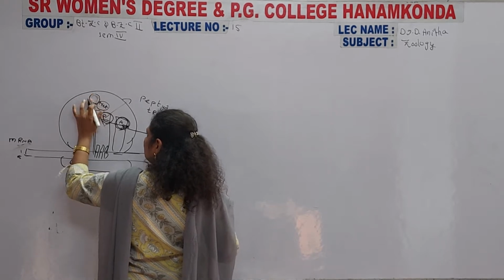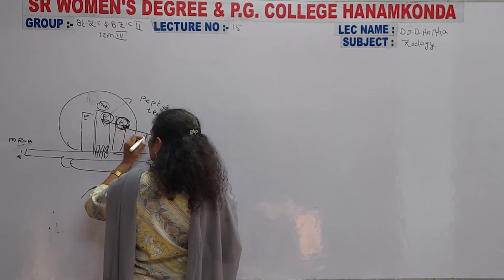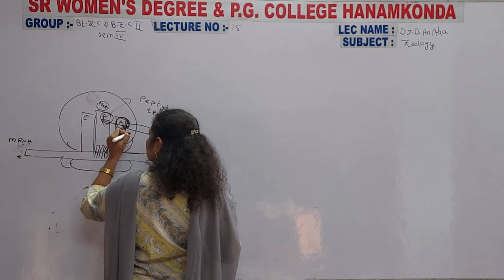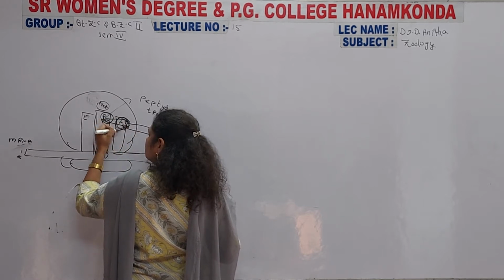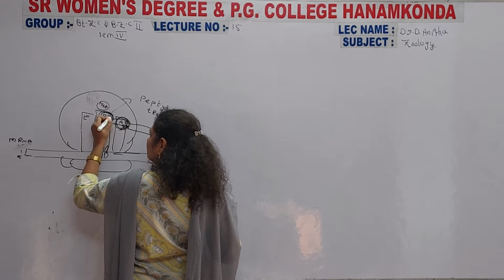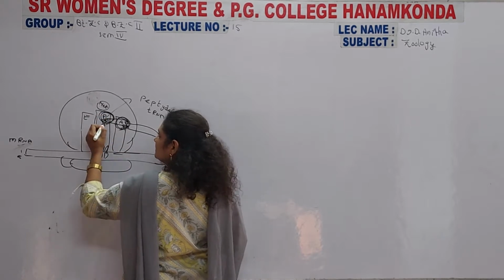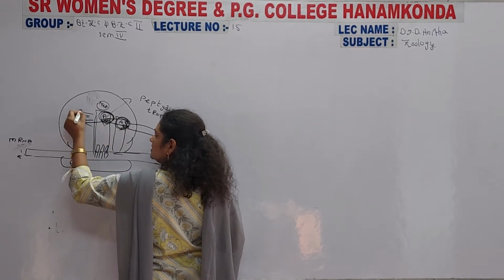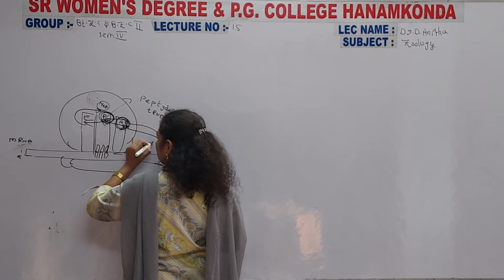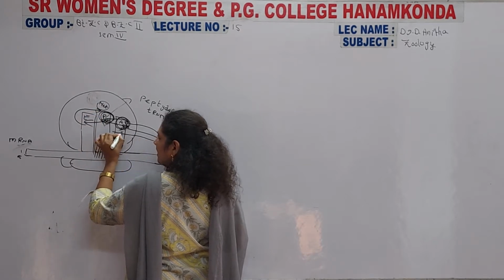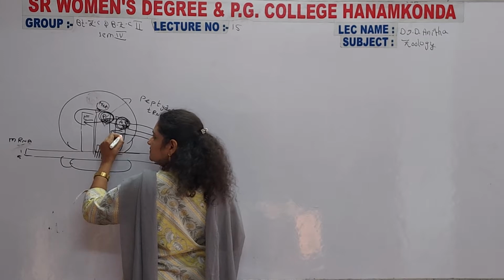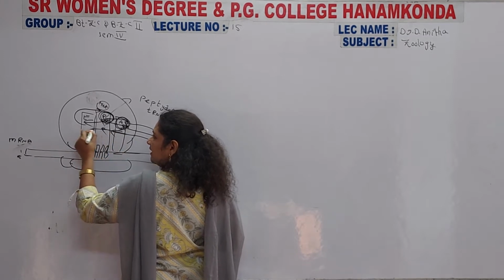In this way the amino acid chain continues. A fresh amino acid reaches here and is transmitted to this region, immediately bonded with a peptide bond, and through the exit site it is released out. In this manner all the amino acids enter, are transmitted to the middle part, and exit through the exit region.